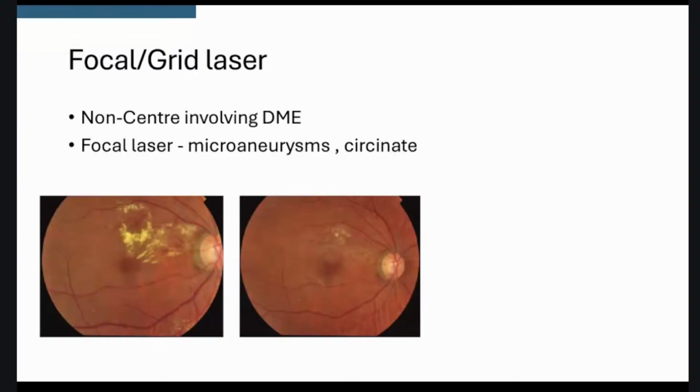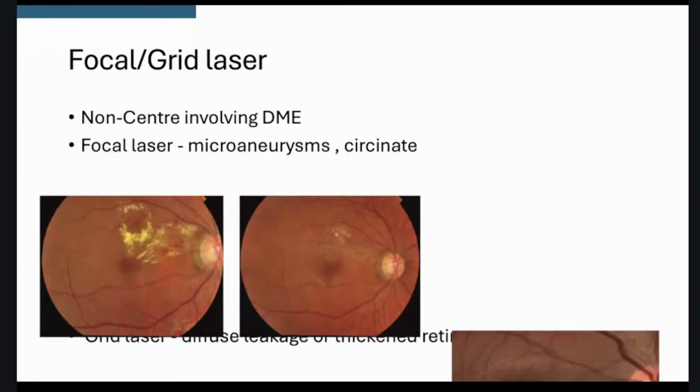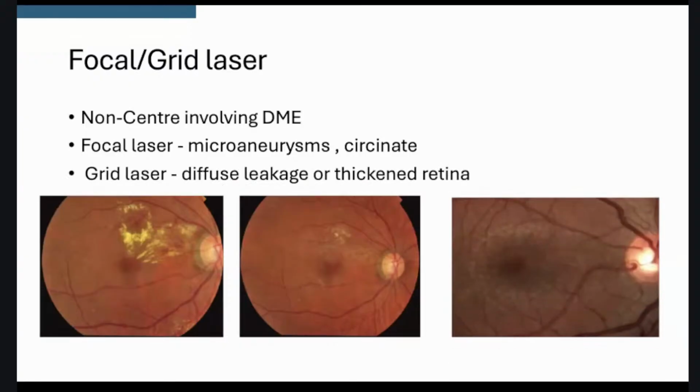And if you see an area, non-center in the periphery, where you see a nice exudate with leaking microaneurysms, you can apply focal laser to that area, and the edema can improve. And you can see in the picture on the right, a few months later, the edema having resolved. And then grid laser can be applied to areas of diffuse leakage or thickened retina.